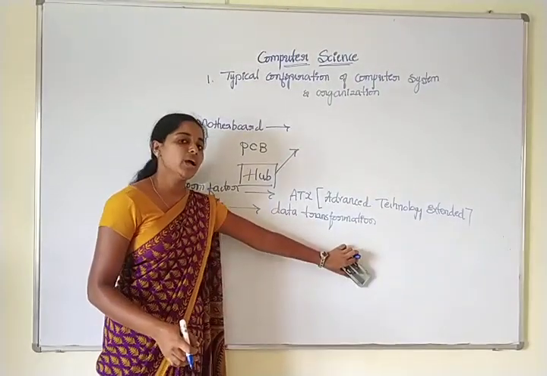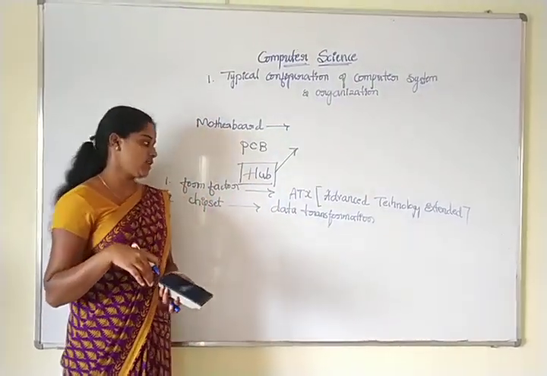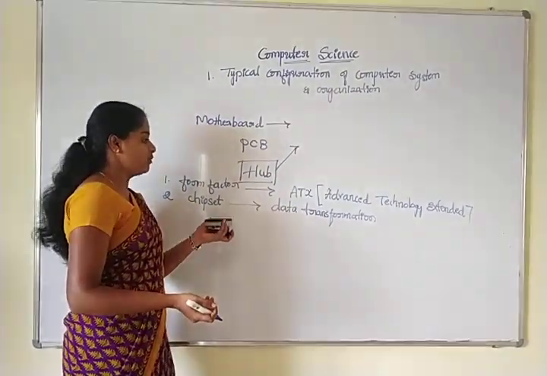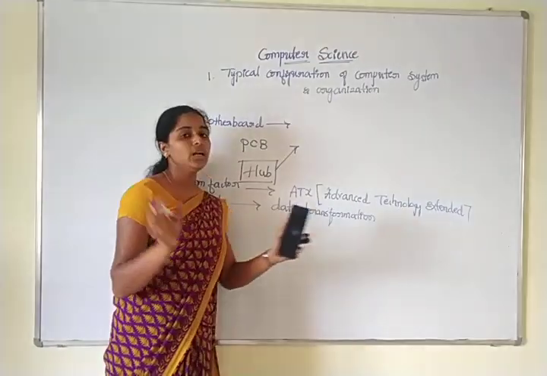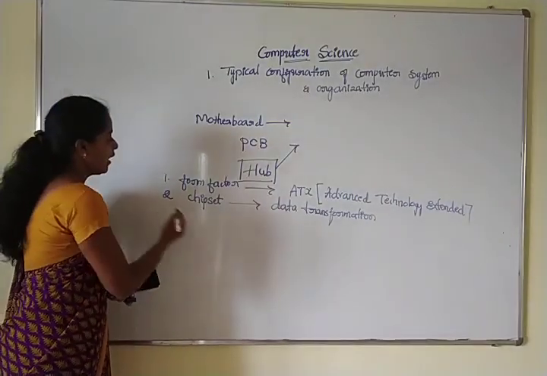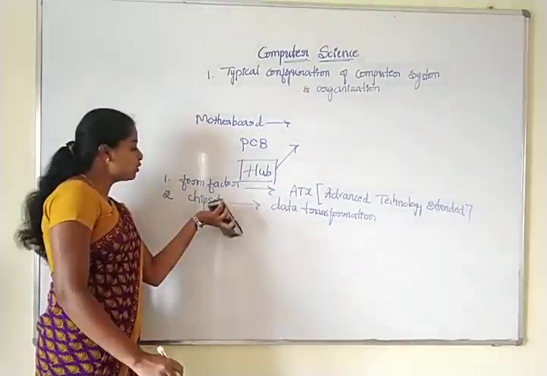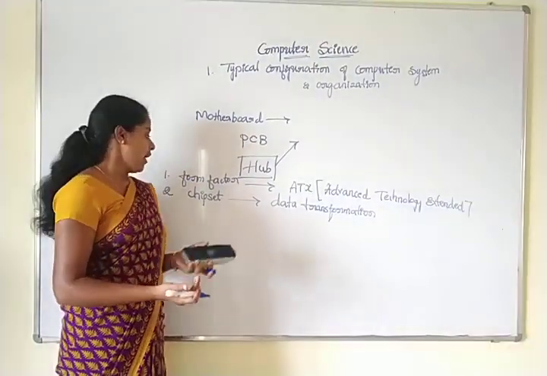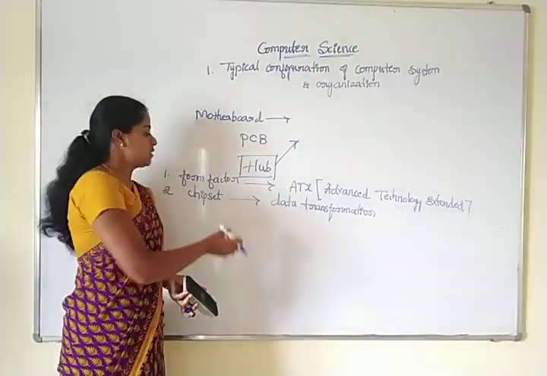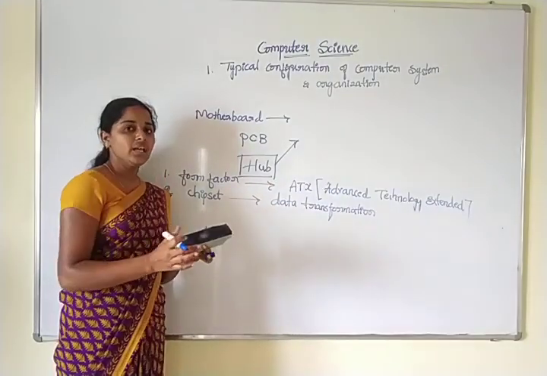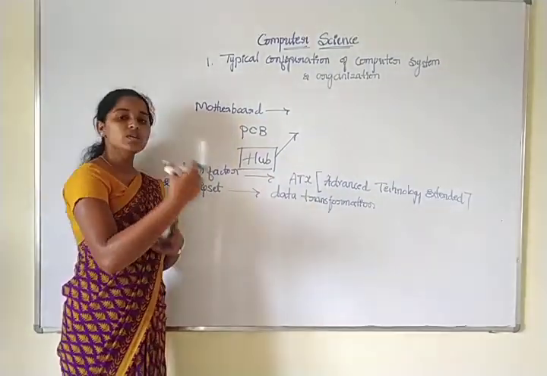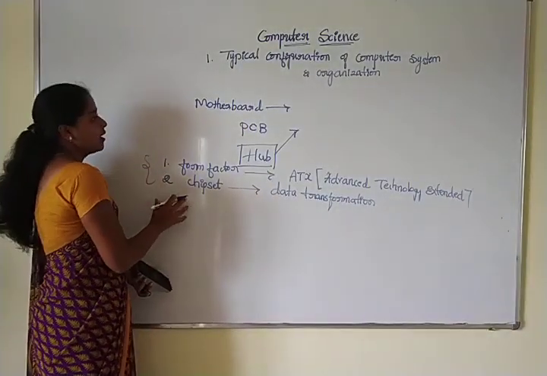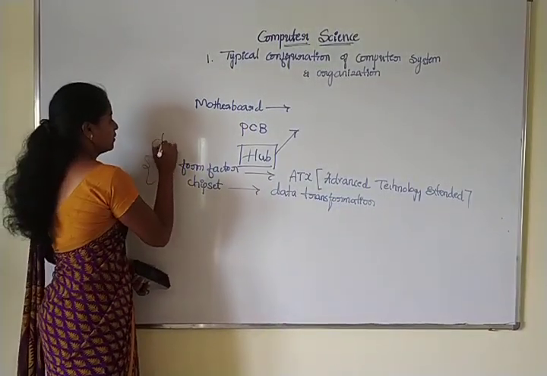The components of a computer, such as hardware and software, we already discussed in the last classes. This chipset will perform the data transformation between the components. It also determines how quickly the computer can run and what additional features it supports, and it maintains the memory, how much memory is required. These two are the characteristics of a motherboard.